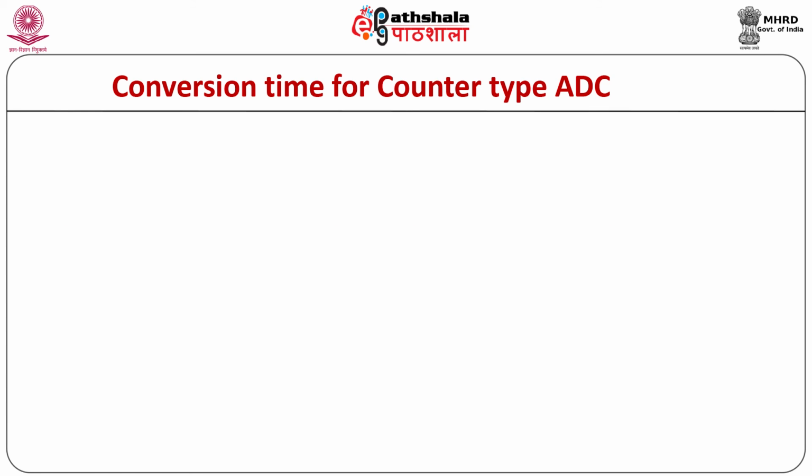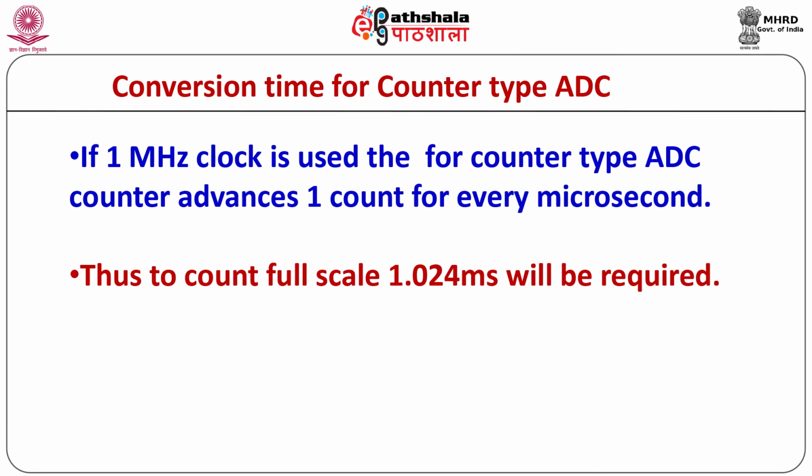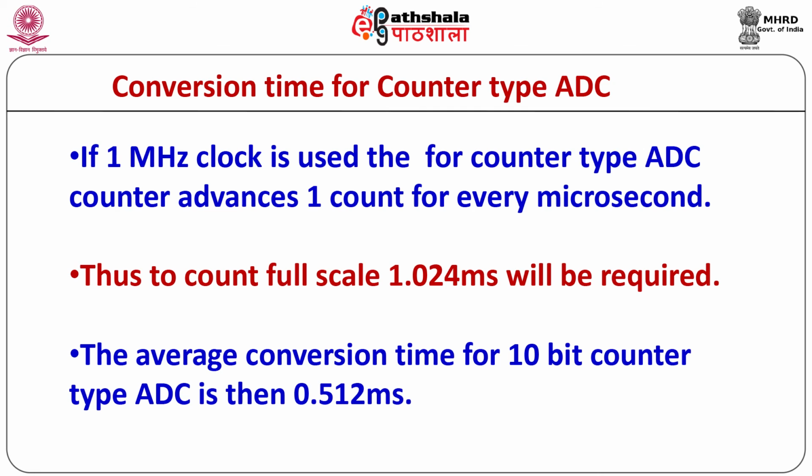So, if the clock frequency is 1 megahertz, then the counter will advance after every 1 microsecond. For a full scale output of a 10-bit ADC, it will then require 1.024 millisecond. This is the situation when the counter has to advance to its maximum value, but the average conversion time for a 10-bit converter will be half of this, and that will be 0.512 millisecond.